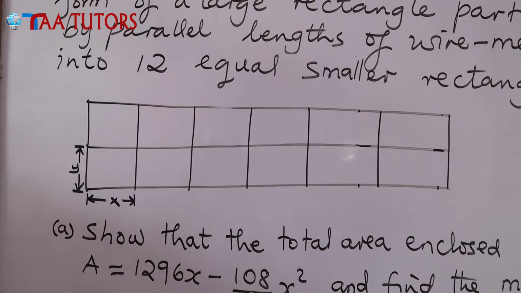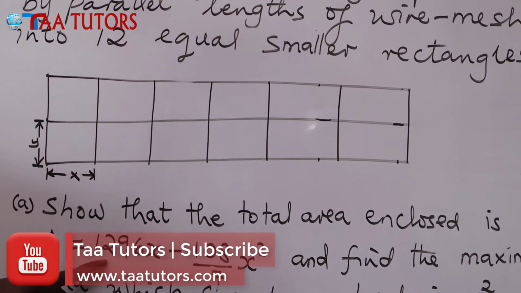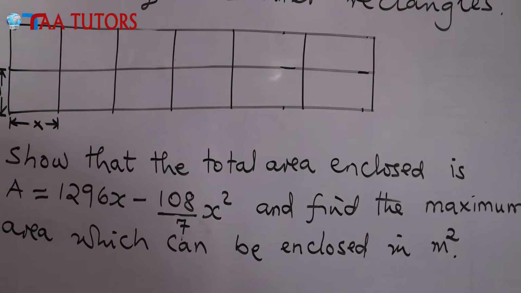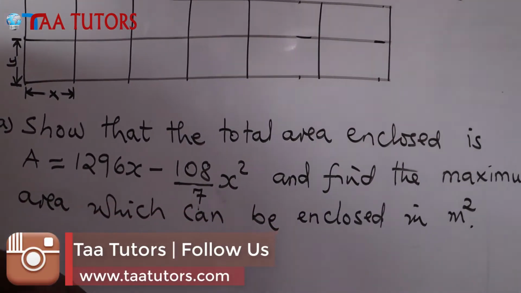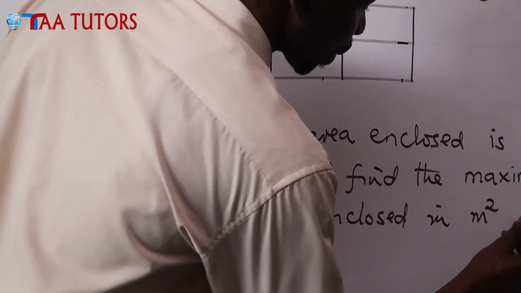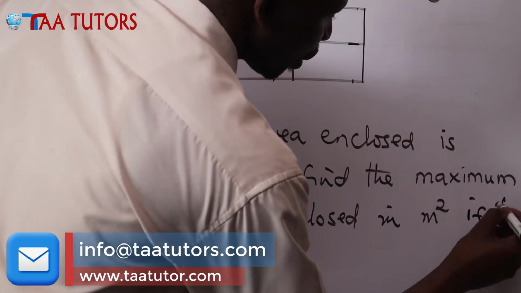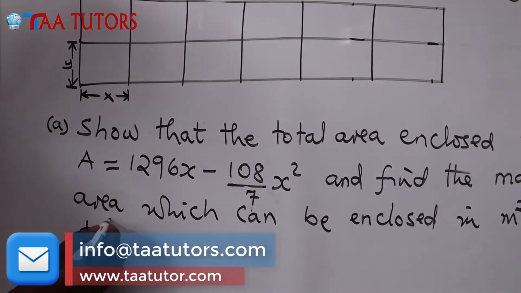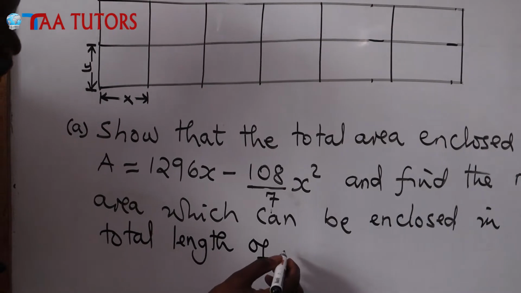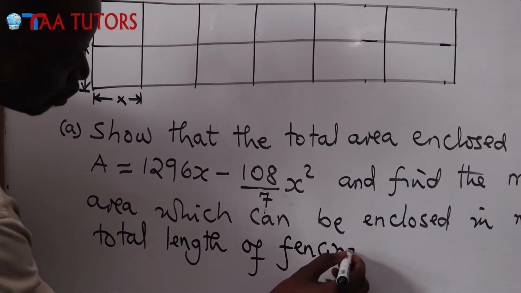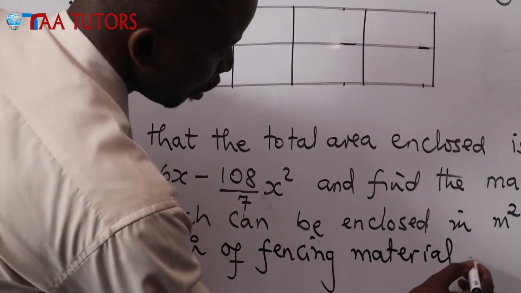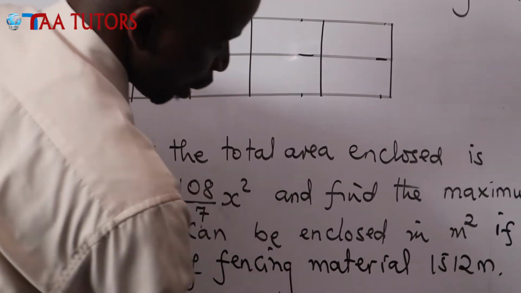We are told to show that the total area enclosed is A equals 1296x minus 108 over 7 x squared, and find the maximum area which can be enclosed in meters squared if the total length of fencing material is 12 meters.